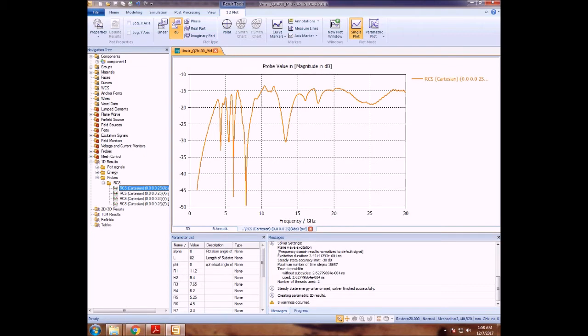Third dip is at 6.5 and its RCS value is minus 47. The fourth dip is at 5.7 and its RCS value is minus 49.